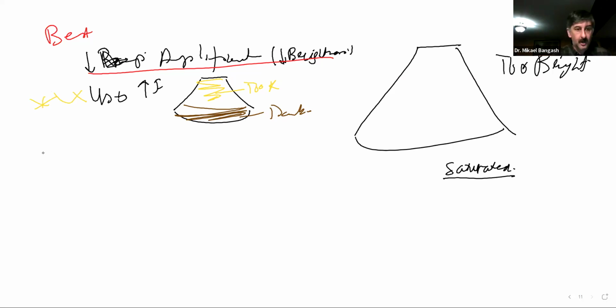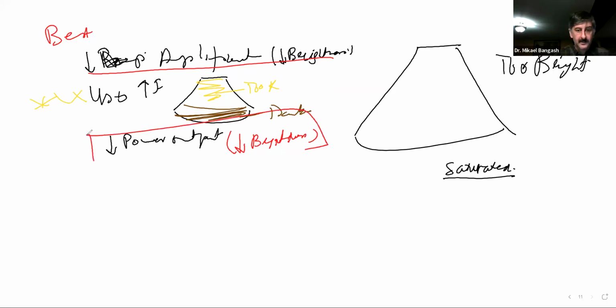Now, decrease your power output, or output power. Is that going to reduce the brightness on the image? Yes, it will reduce the brightness on the image, just like a decrease in the amplification or receiver gain would do.